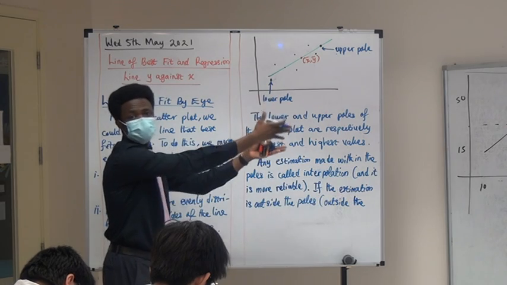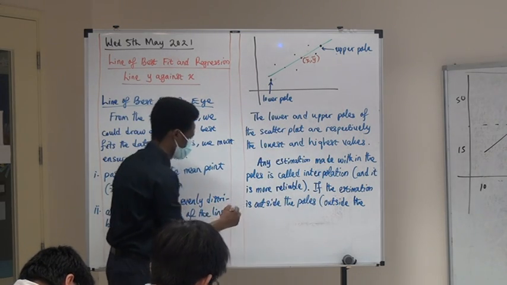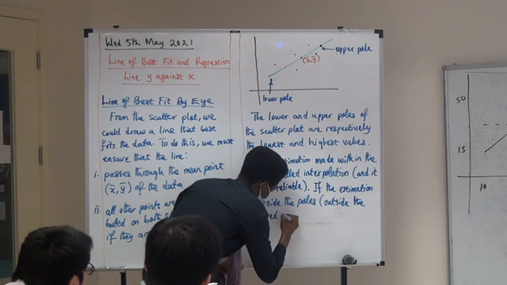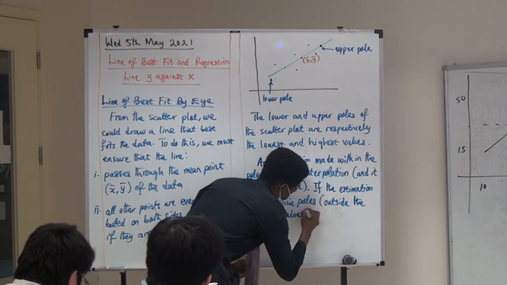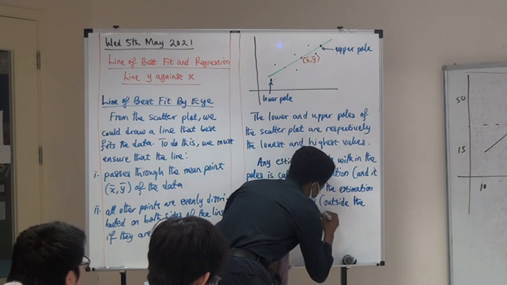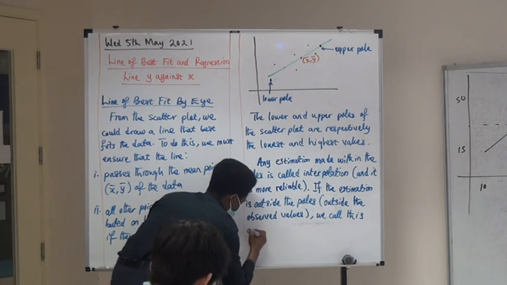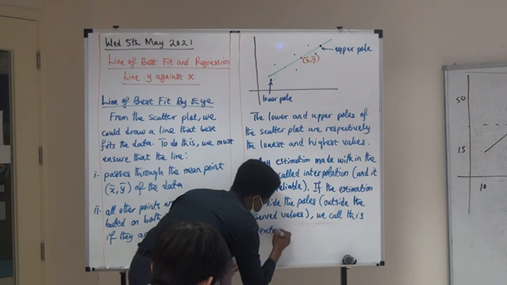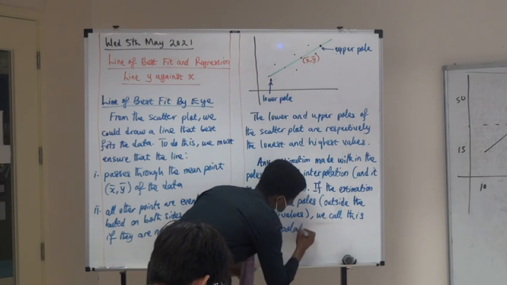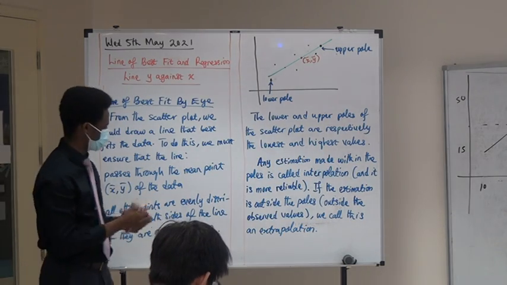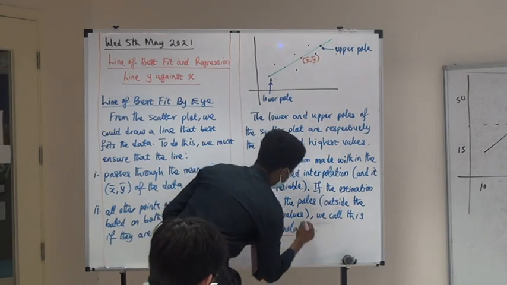Observed means the value we see. Do you understand? Outside the observed value, we call this extrapolation. So it's not as reliable as the first one. So this summarizes everything.